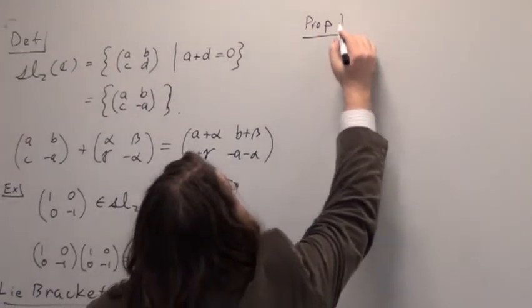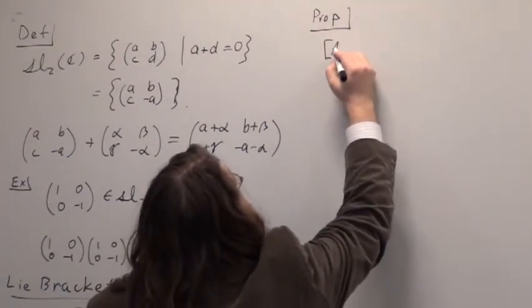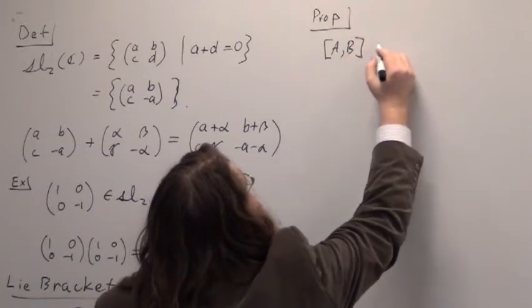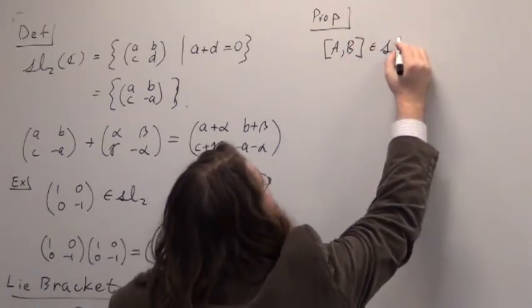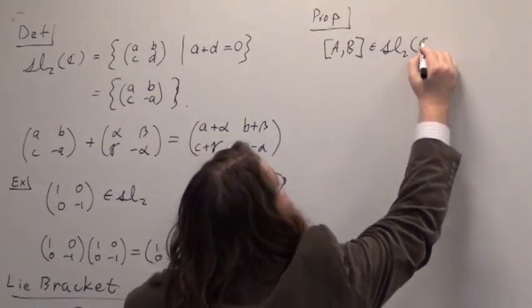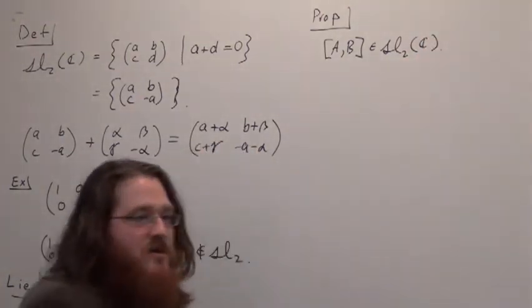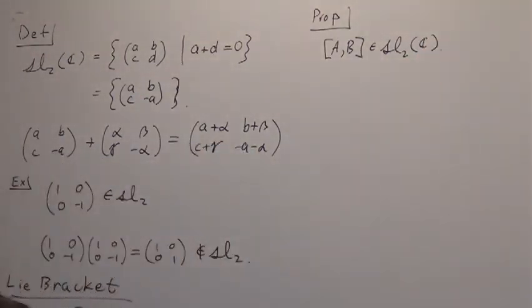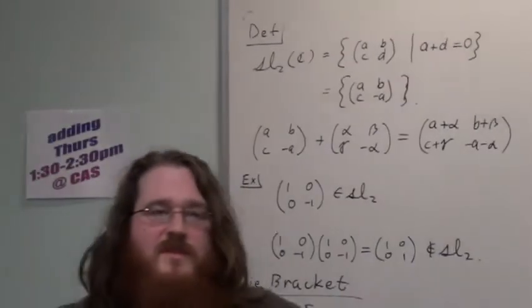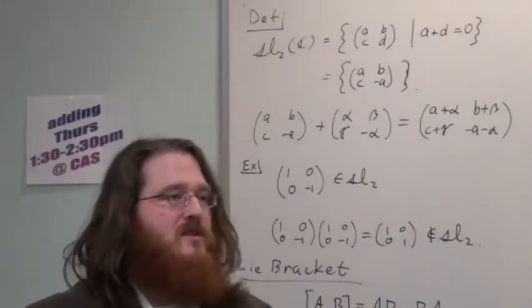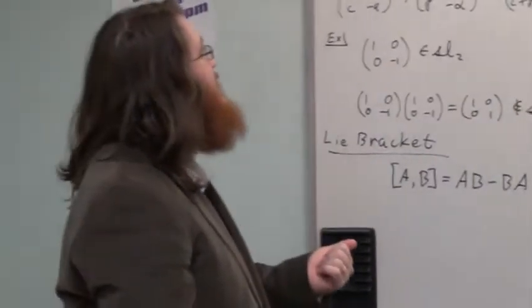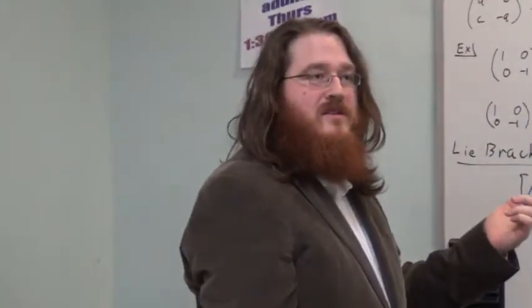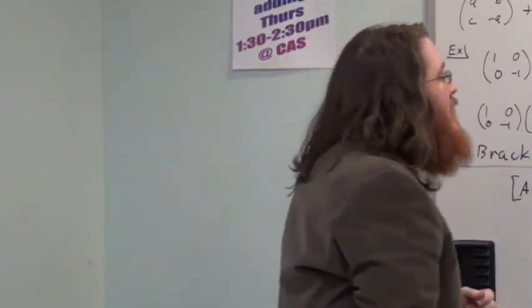So the proposition: the bracket is inside of SL2C. So if I start with two matrices in SL2, I take their Lie bracket, I end up with something in SL2. So SL2 is closed under bracket and addition. So these are the two operations we're going to consider.